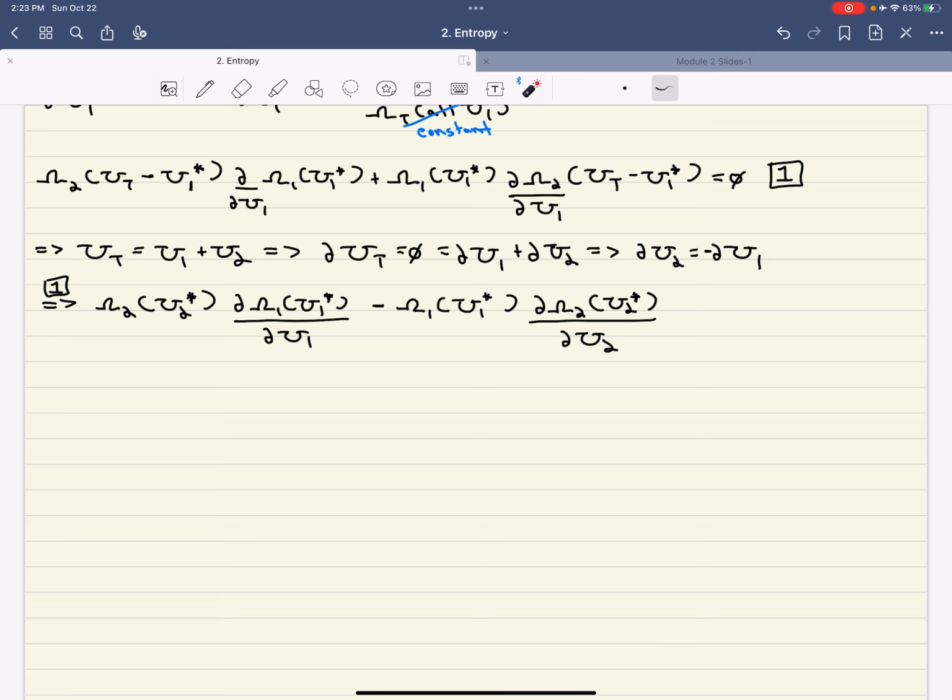And so this is where I applied that relationship here, and all of that is still equal to 0. I'll rearrange the equation to combine the like terms.